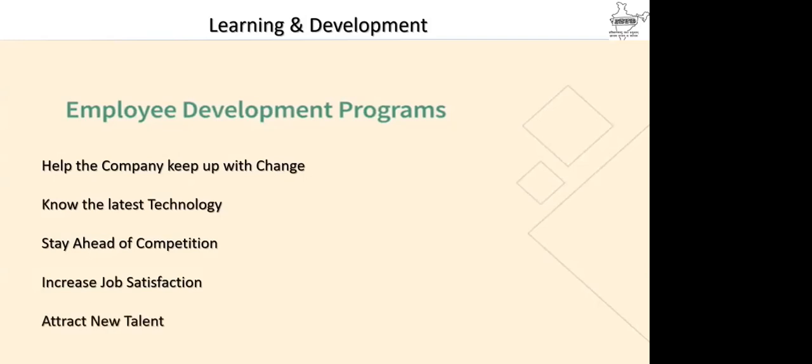Okay, and L&D also definitely helps in attracting new talent. Some organizations, but unfortunately very few, are known for investing in talent. So GE was an organization known for having a lot of training sessions, a lot of new talent development programs.